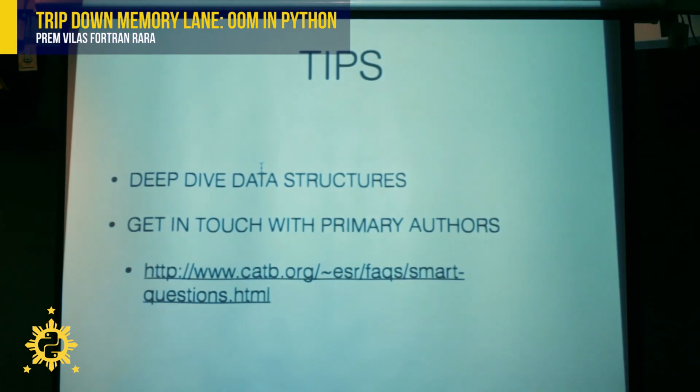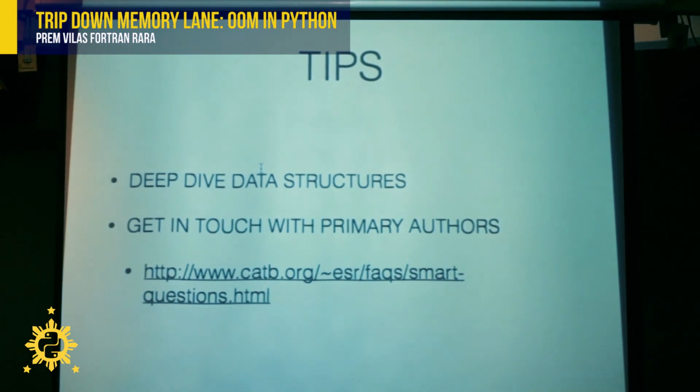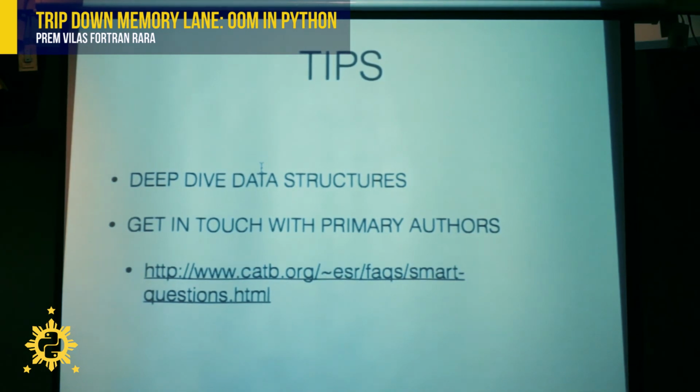And then get in touch with the primary authors. That would simplify your problem solving. And this is a very good tip, from our friend Eric Raymond, the open source guy. Stallman hates him because Stallman hates open source. You have to ask very smart questions to get very smart answers.